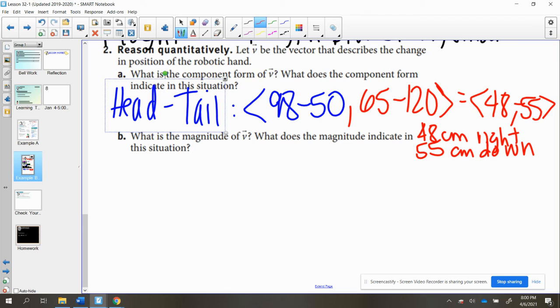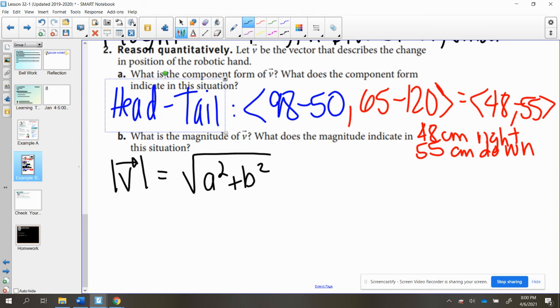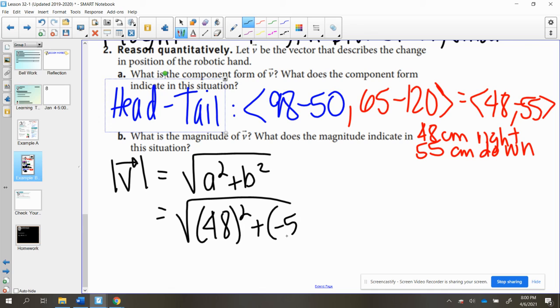Okay. And our magnitude, it's been a little bit since we talked about this, but from the first page, remember your magnitude is the square root of a squared plus b squared. So we had to take those two components of 48 and -55, aka positive 55 when we square it, and get our final answer of 73.